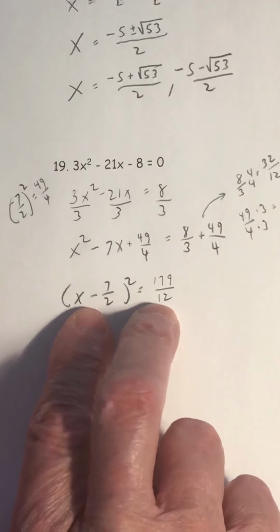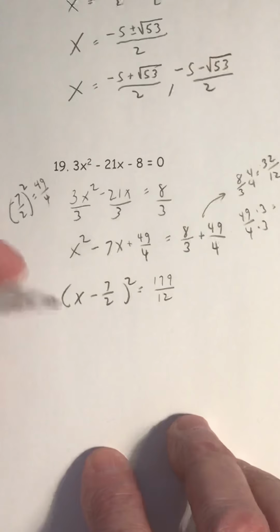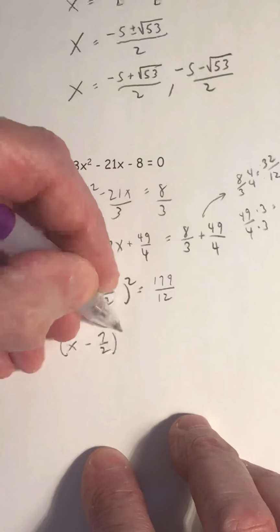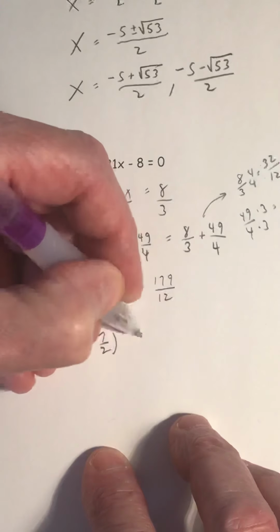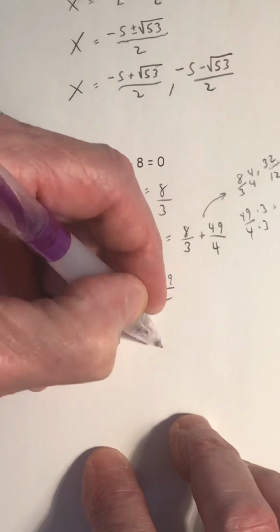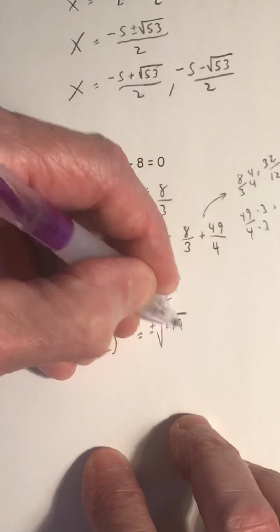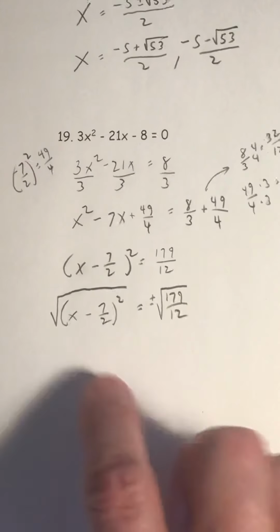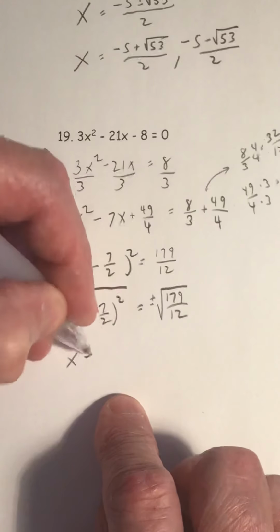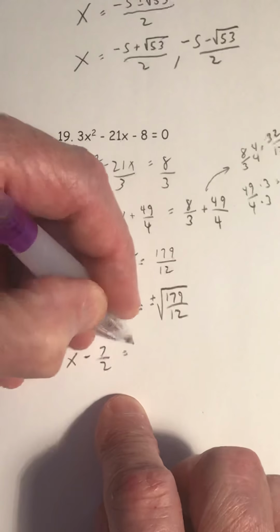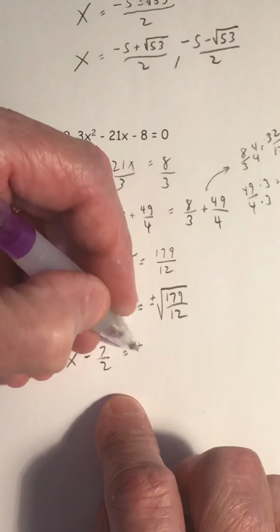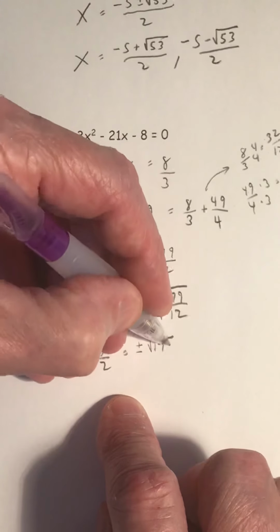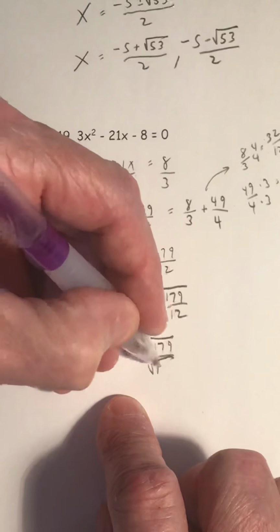Now, finally, hallelujah, we're ready to take the square root. And as usual, on the numerical side, plus or minus. So this side we got x minus 7/2, and on this side we've got plus or minus the square root of 179 over the square root of 12.